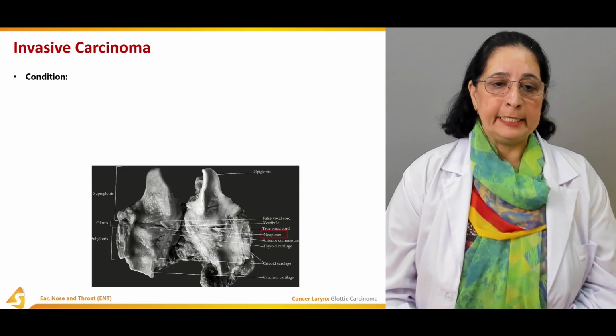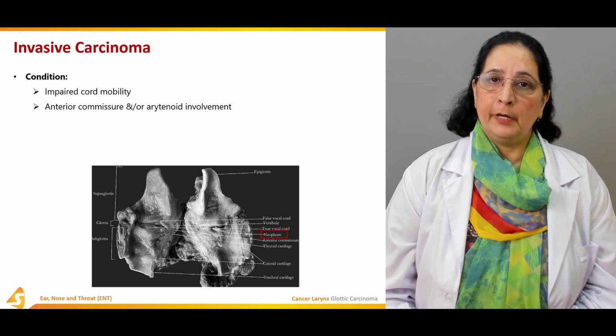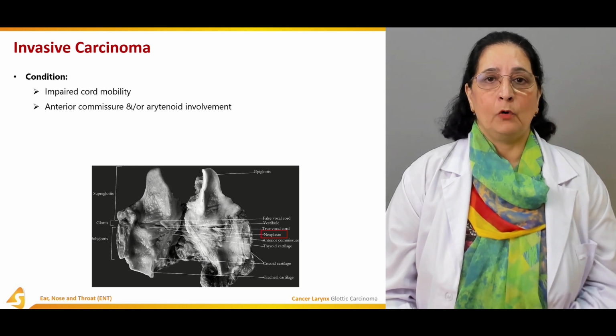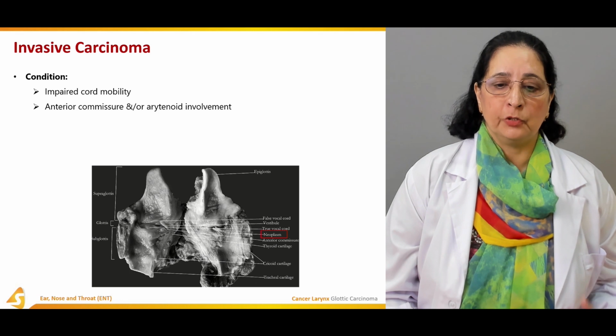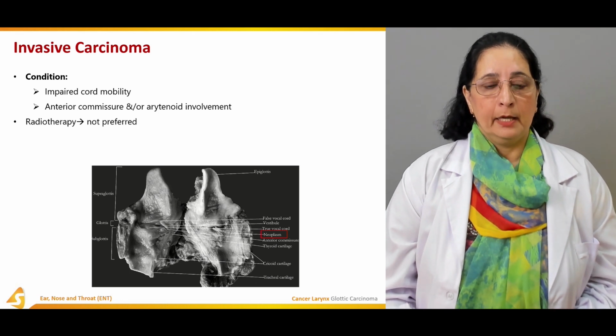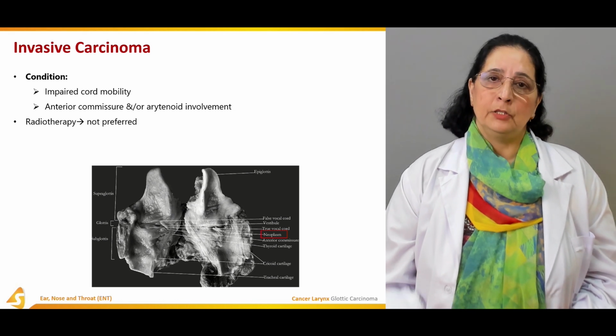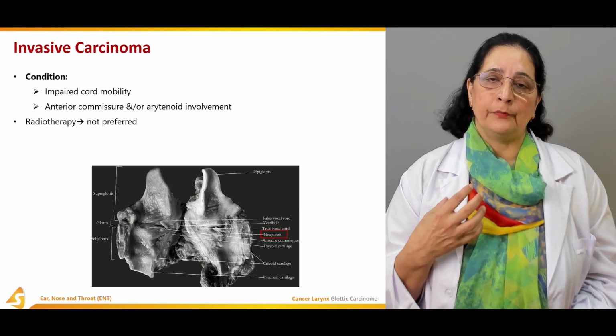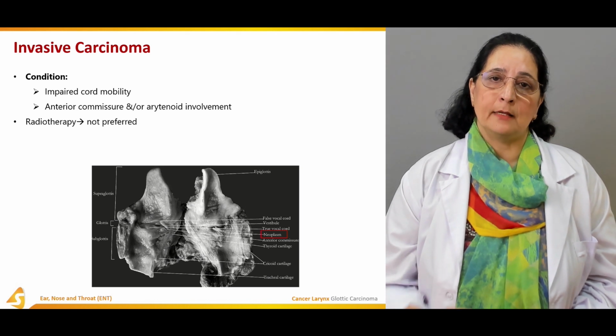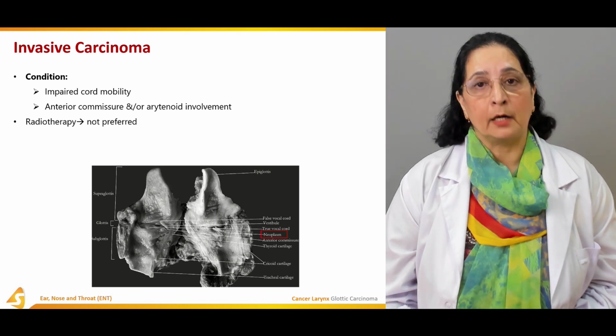Then we have the condition of impaired cord mobility, involvement of the anterior commissure and arytenoid. Usually radiotherapy is not preferred. So depending on the extent of the invasion of the cancer, the treatment options are decided.